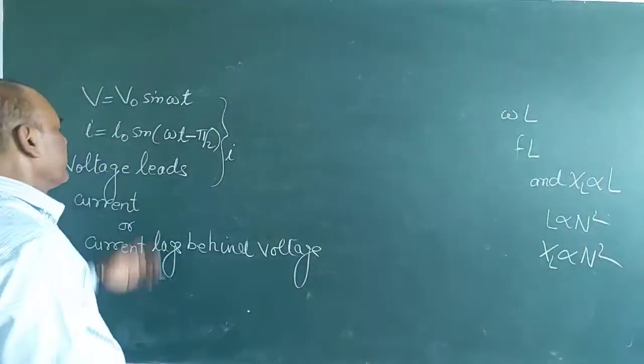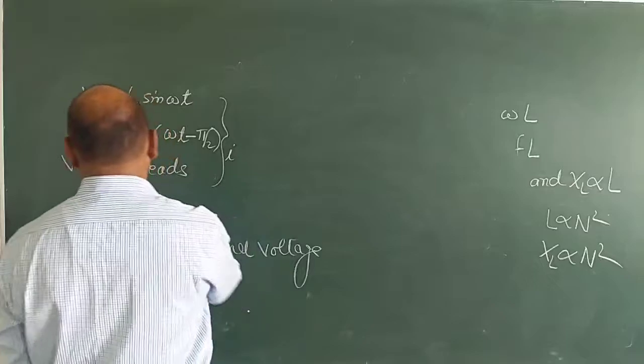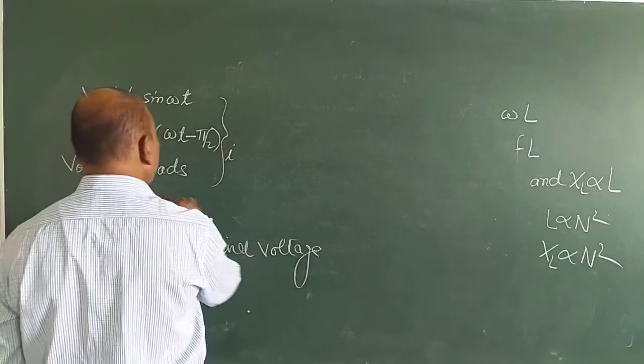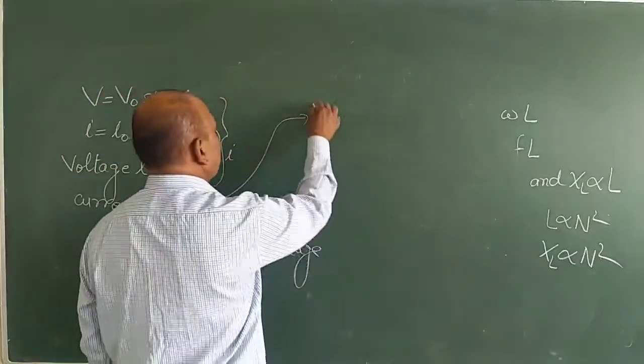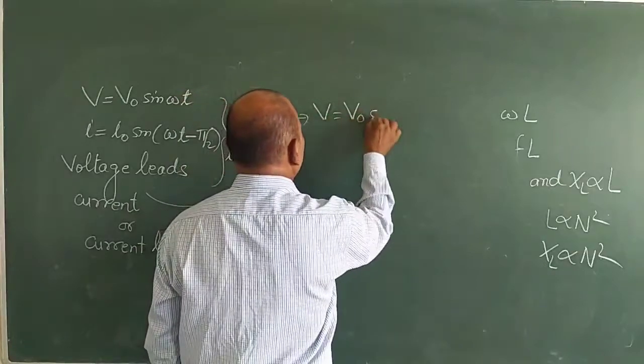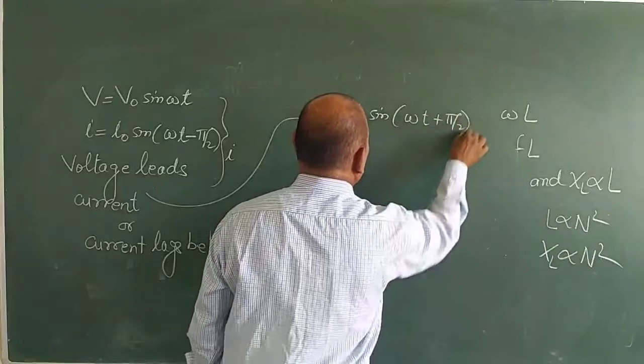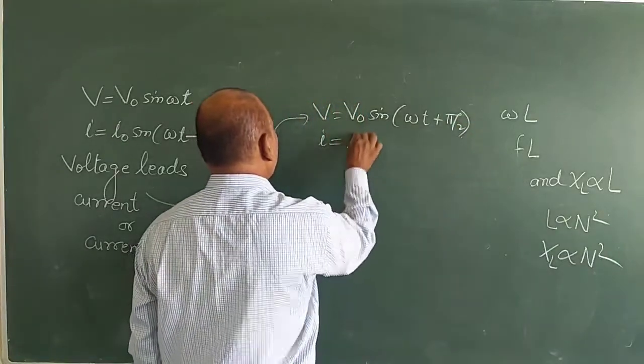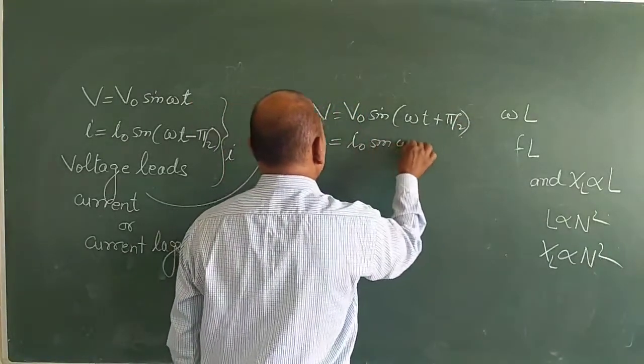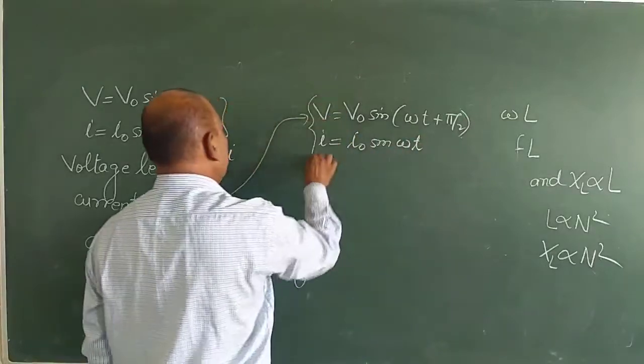In the case of voltage leading current, we can say V is equal to V0 sin omega t plus pi by 2 and I is equal to I0 sin omega t.